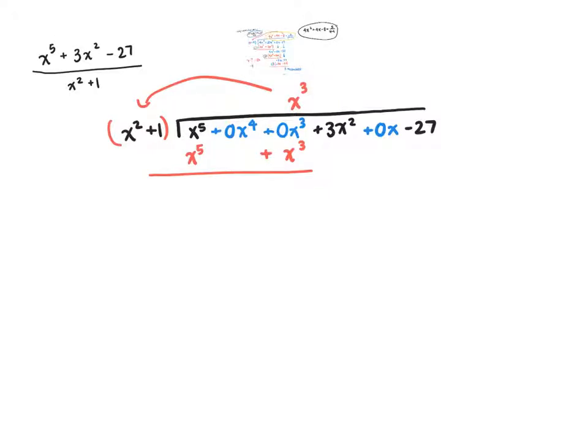Positive x cubed. And we're going to subtract it. X to the fifth minus x to the fifth is 0. 0x to the fourth minus nothing is the same. But now we have 0x cubed minus x cubed. And that's going to leave us with negative x cubed. We can drop everything else down.